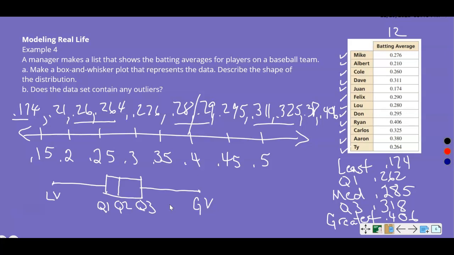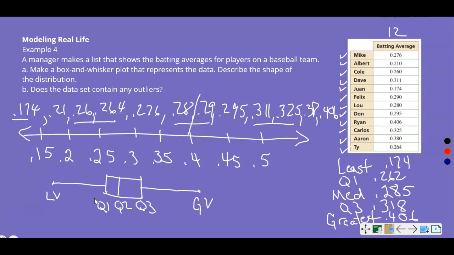All right, now let's go back and look at the questions. It says make a box and whisker plot that represents the data. Okay, we did that. Describe the shape of the distribution. What does the shape look like? The whisker lengths are about equal, and the median is about in the middle.